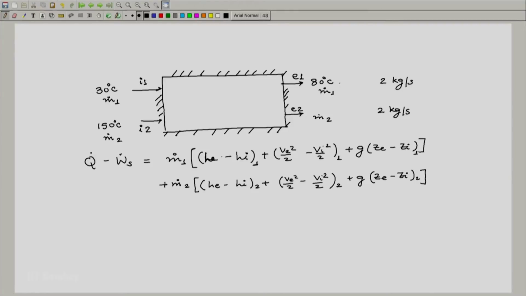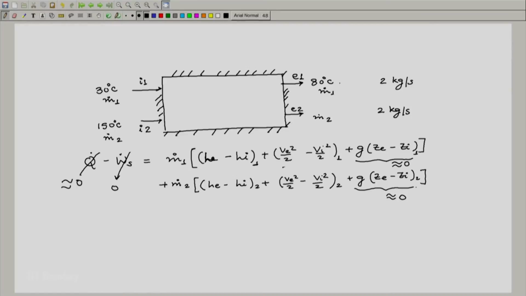And what do we have here? Overall the system is adiabatic, so we assume that this is equal to 0, and there is no work transfer, so this is 0. We assume that for both streams there is no real change in the potential energy as the streams move from inlet to exit. It is a pretty good assumption, so put this as 0.